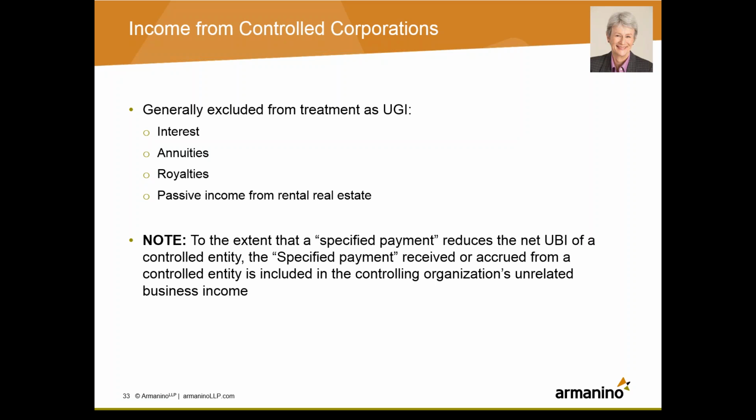In the context of controlled corporations, there is something called a specified payment. A specified payment is a payment from one organization controlled by another organization that reduces the net unrelated business income of the controlled entity. So let's look at some examples because it gets a little confusing. Next slide, please.